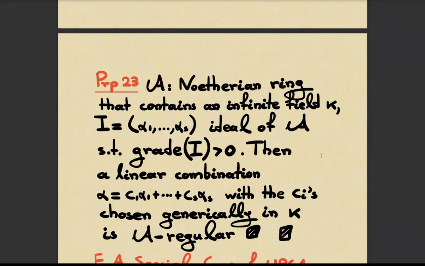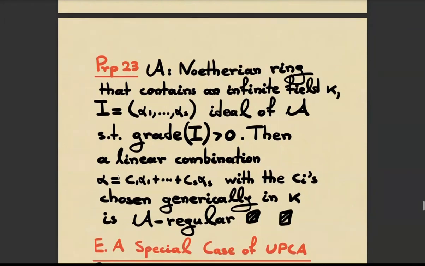So the grade of the ideal is the length of a maximal regular sequence in I. Then, if I take a generic linear combination of the generators of the ideal, they will give me an element of the ideal alpha, which is regular on the ring.